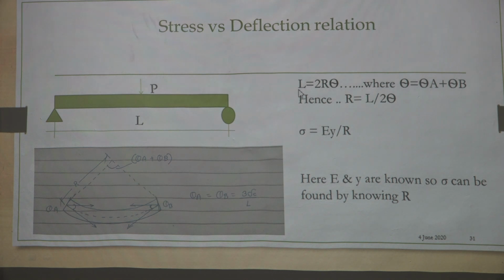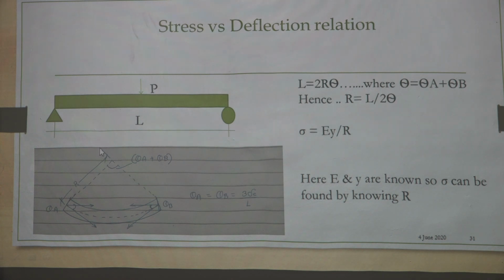How? Let us see here, L is the length of this particular arc because of the application of load. So, this L will become 2 r theta, where theta is the slope. Not exactly 2 r theta, but 2 r sin theta. This theta is very small, so we can ignore that and assume that L is equal to 2 r theta. What is theta here?